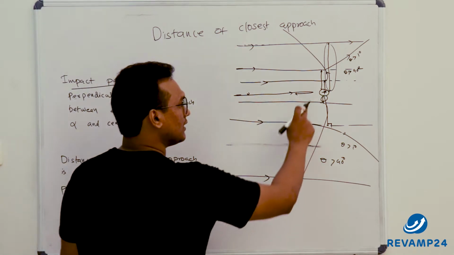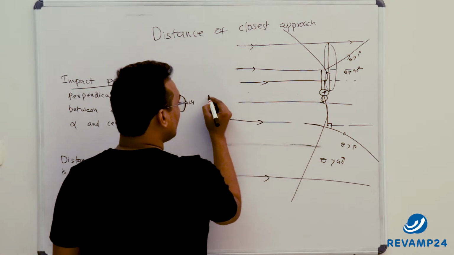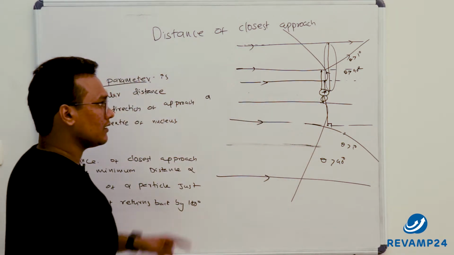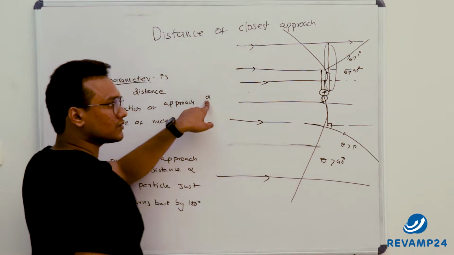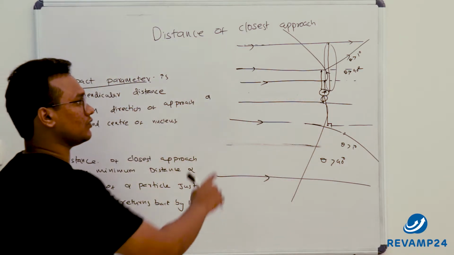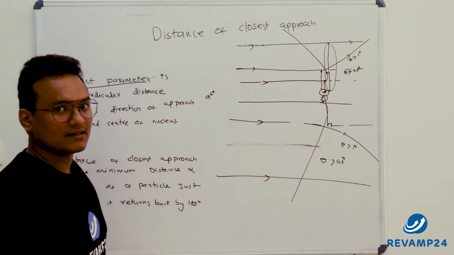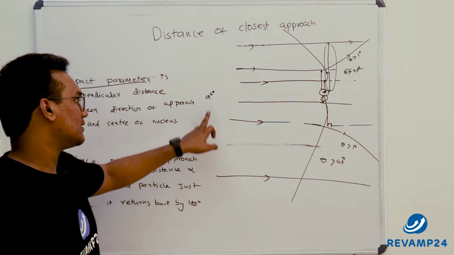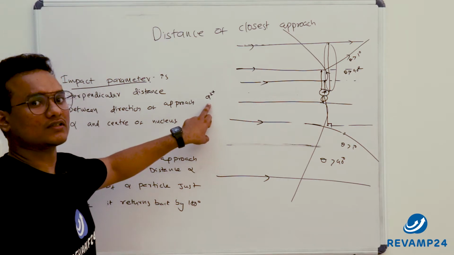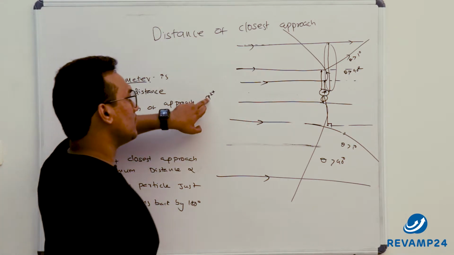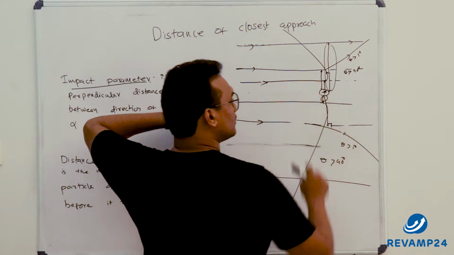Why? The force here is not attractive but repulsive, because the alpha particle is a helium nucleus with 2 positive charges, that is 2 protons, and it will be repelled by the nucleus.